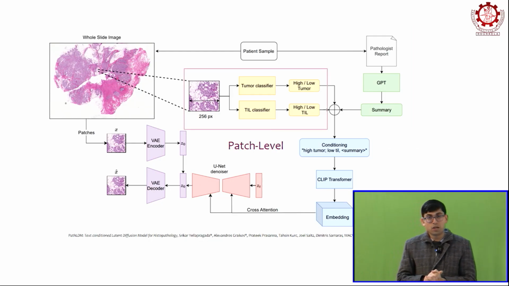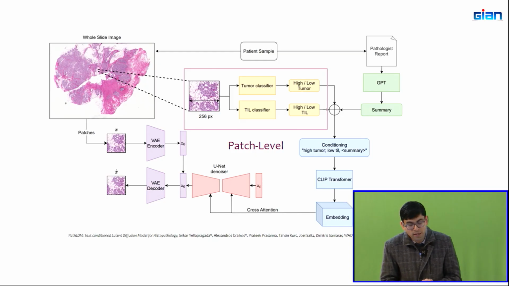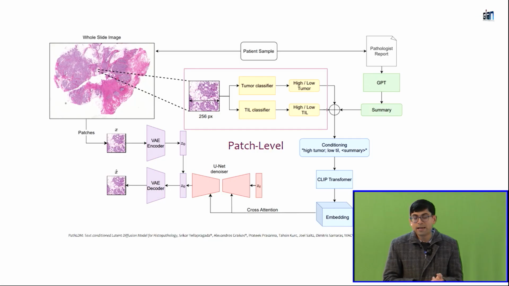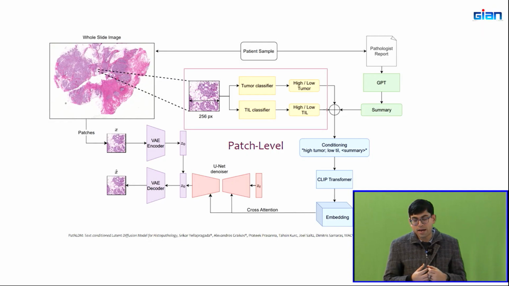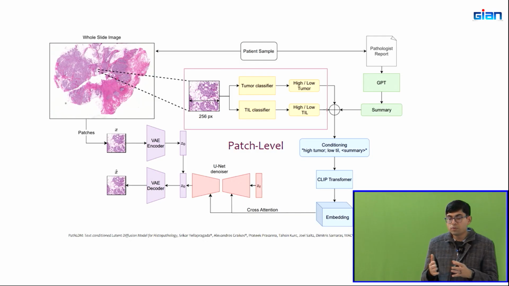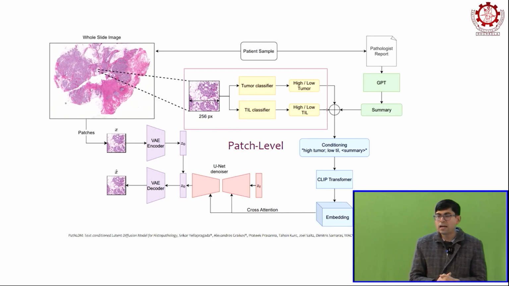Next comes the patch level information. I showed this slide yesterday where one of our colleagues developed a tumor TIL classifier, where we had a model that would quantify how much TILs or how much tumor each of these patches had, and based on that we did a dichotomous thing: high tumor or low tumor based on some threshold that we chose, and high TIL or low TIL.